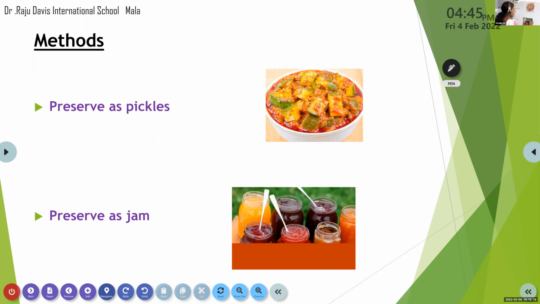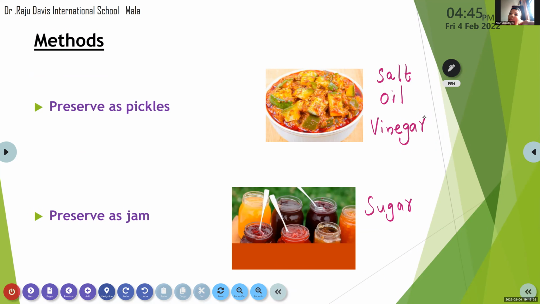In the case of jams, we add sugar as preservative, and in the case of pickles, we add salt, oil, and vinegar. Very good. So these substances that we add to the food are known as preservatives.